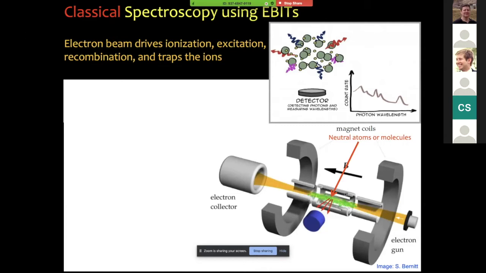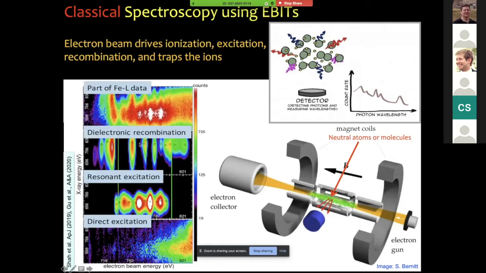With the collisionally excited ions in the center of the trap, as was mentioned in the previous talk, we can measure several different cross sections and line formation mechanisms like dielectronic recombination, direct excitation, resonant excitation, and so on. And all of these experiments have shown some sort of still a disagreement with the 3C/3D ratio.